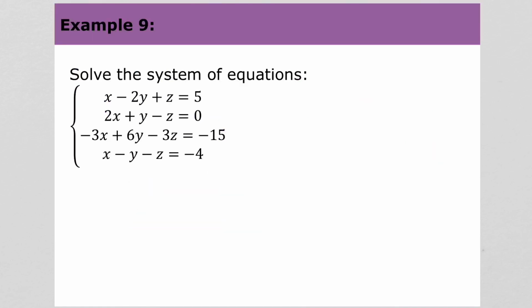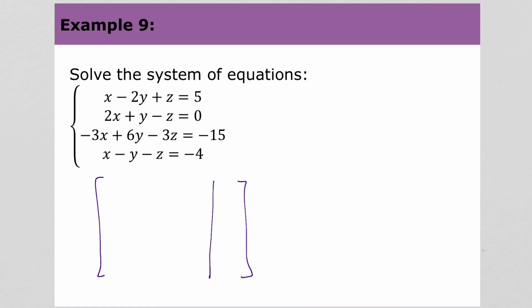2 more examples. So example 9, we're taking this on to 4 equations. Okay, so let's get started. Still just got 3 unknowns, so we should end up with something that is okay with that.